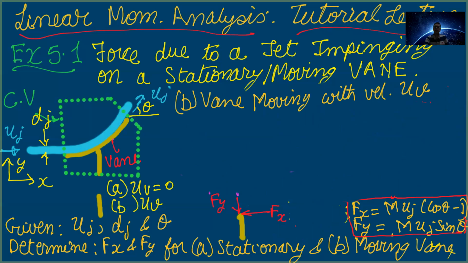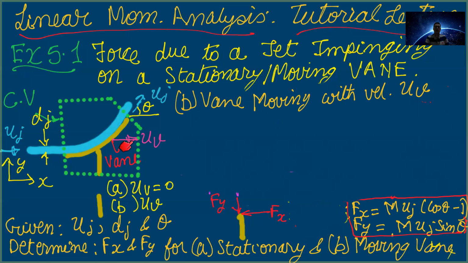Now let us take a second case, where the vane is moving with velocity uv, as shown here. Then we take a control volume which is a moving control volume, moving with a constant velocity.